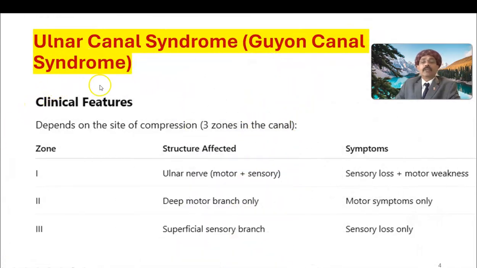So, clinical features. As we discussed, it depends on the site of injury, whether only the superficial branch of the ulnar nerve is affected or the deep branch is affected, and where. Depending on the situation, we will have different types of clinical presentation.